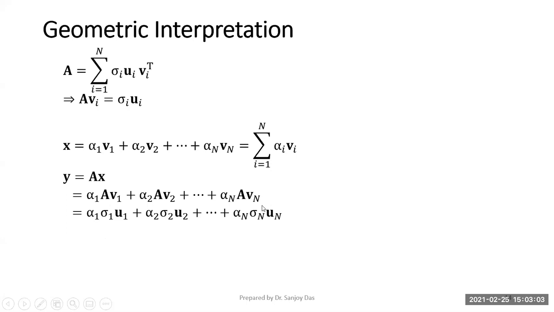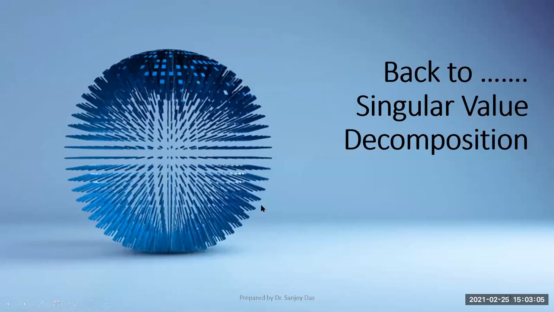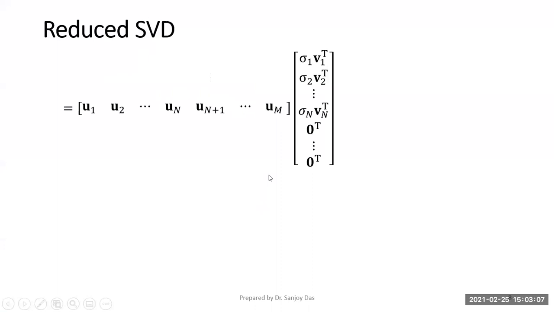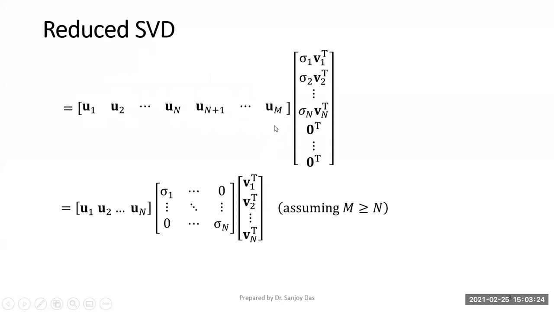What's the m? m comes from these. So I have m as in Missouri, m number of coordinates, right? Basis vectors, u's in my m dimensions. And y is an m-dimensional vector.